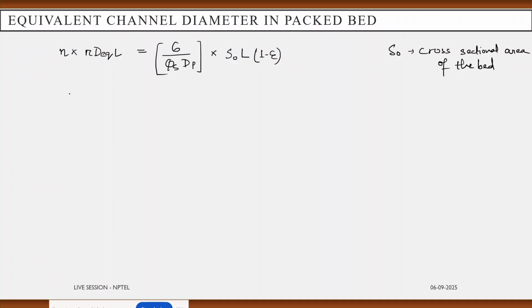By solving this, this is equation number 1, and we have also just defined that the void volume in the bed is the same as the total volume of n number of channels through which the fluid is passing.